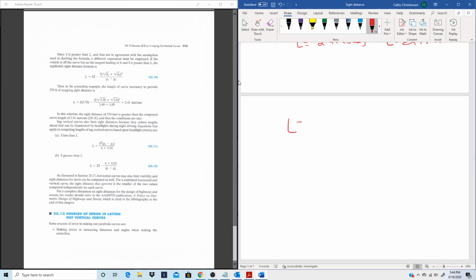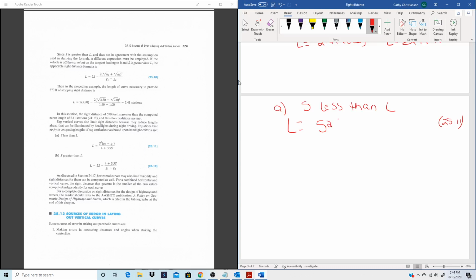So L equals. For the first one, S is less than L. So you always want to do the first one, and if it comes out correct, you will just stop. If it doesn't, you'll move on to the second equation.